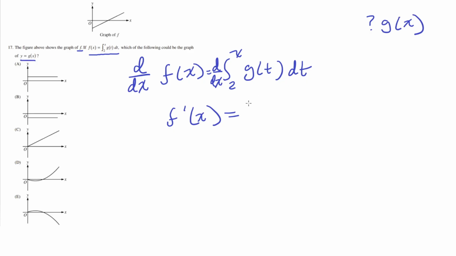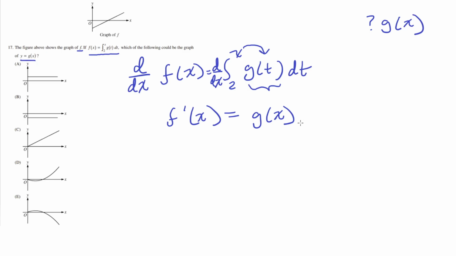So the fundamental theorem of calculus states that when we take the derivative of an integral, it's just equal to whatever's inside the integral, but with the top boundary plugged into it. So in this case, it'll be g of t, but x will be plugged in for t, since x is our top boundary, upper limit.